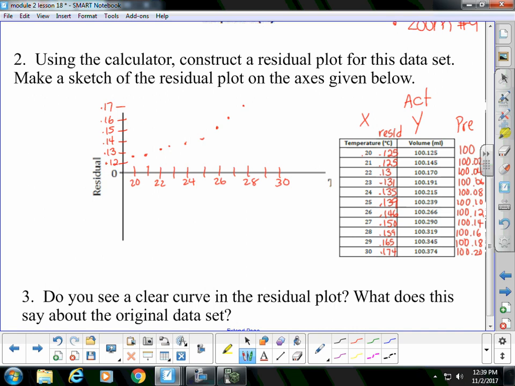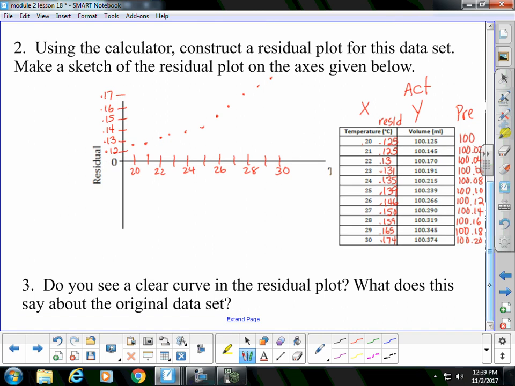Almost 0.16. Yeah, that's a definite curve. 0.165, and then 0.17. Or actually higher than 0.17. Okay, so that's a definite curve. Now that I included all the numbers, you can see a definite curve in there.